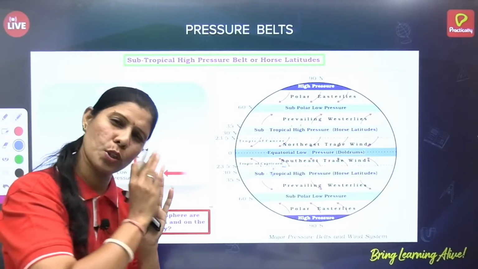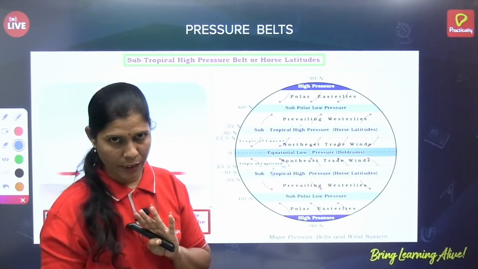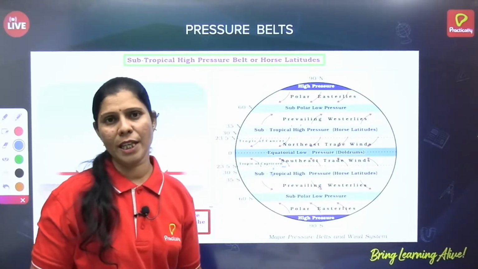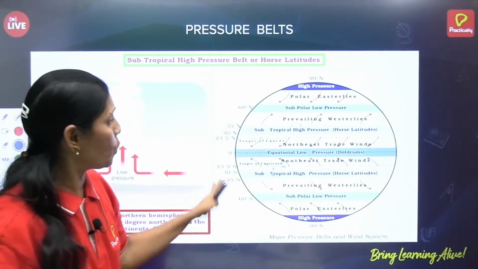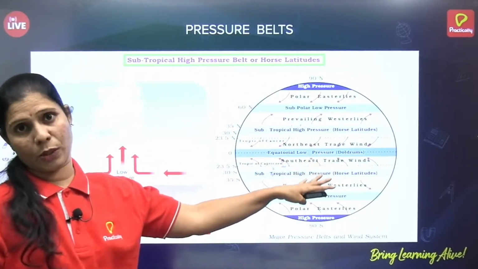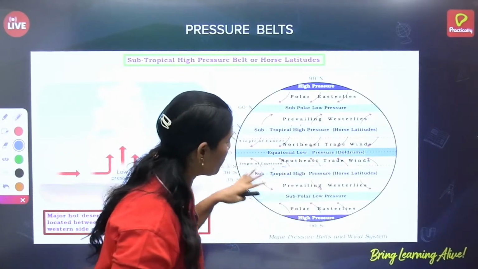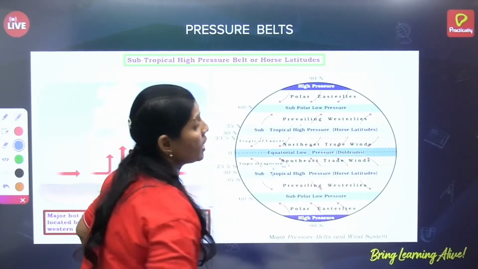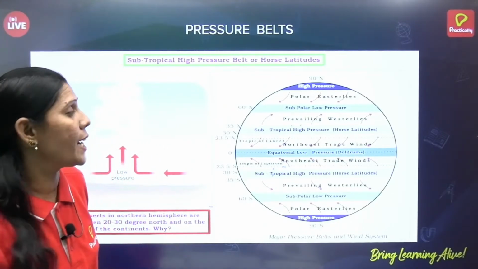Prevailing winds blow throughout the year. They are not local or seasonal winds. They flow constantly over the whole globe, so they are also called global winds. Due to the movement of these prevailing winds, the monsoons occur, especially in India.